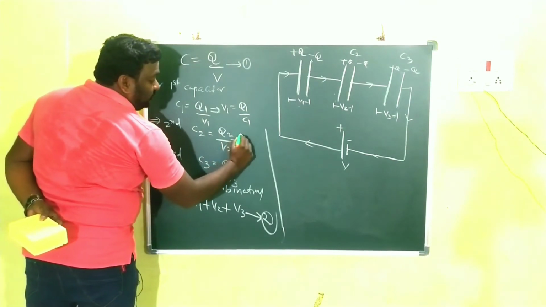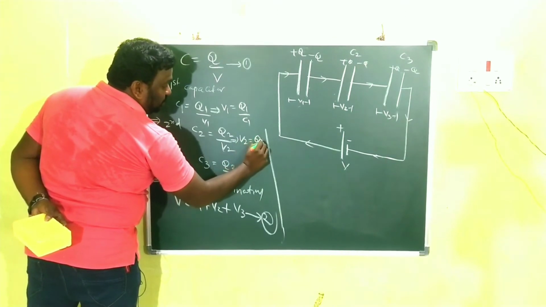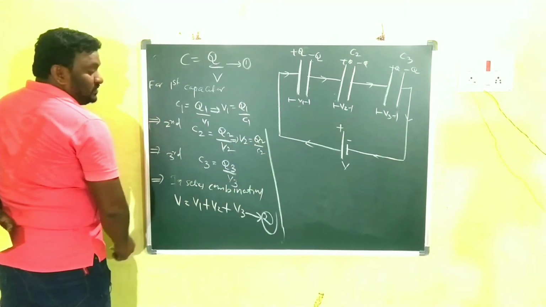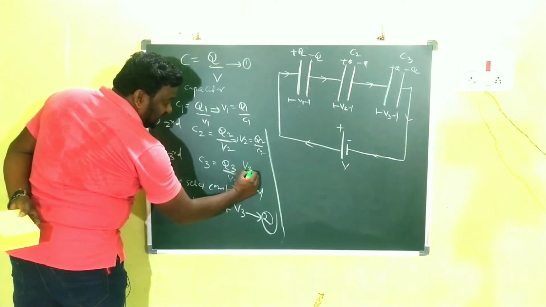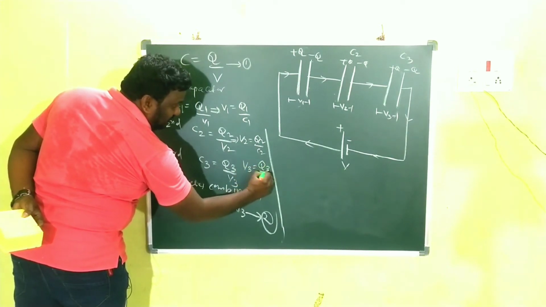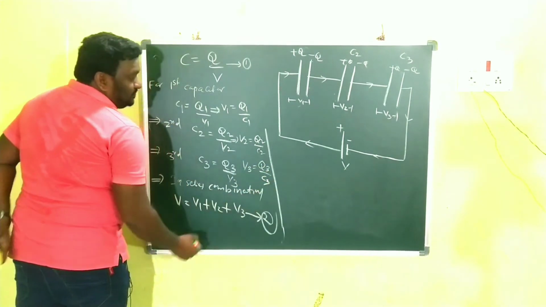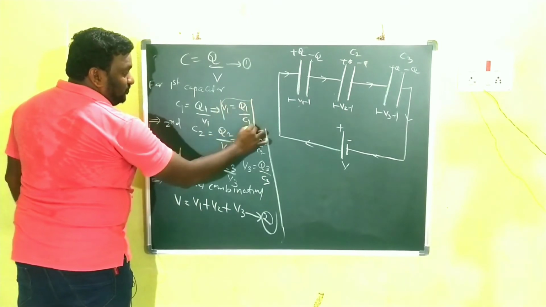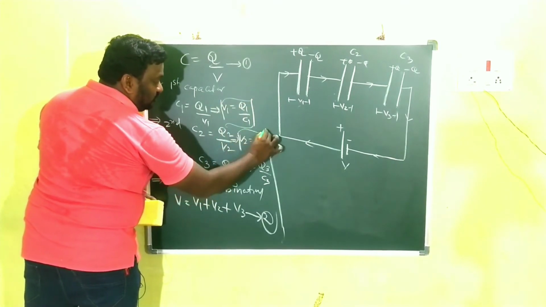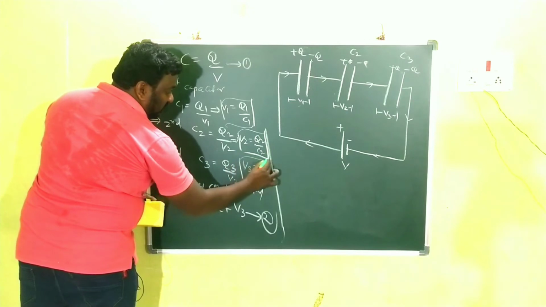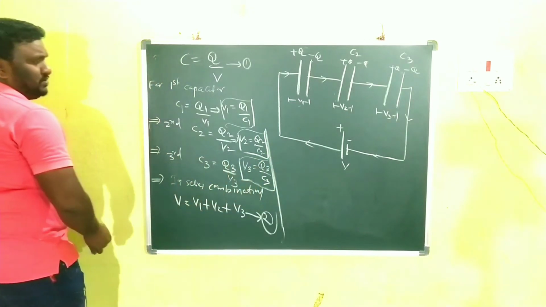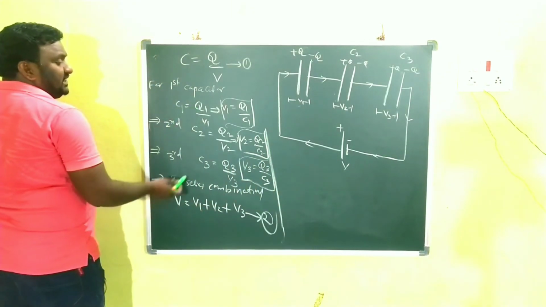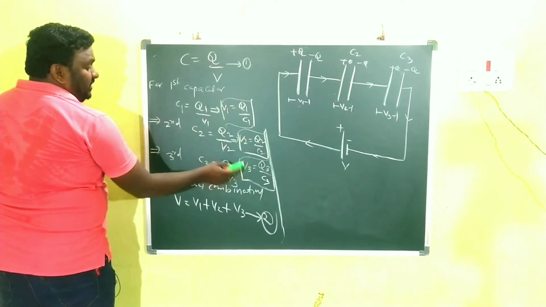From that, V2 is equal to Q2 by C2. And similarly here V3 is equal to Q3 by C3. So this is the value of V1, this is the value of V2, and this is the value of V3. Very simple. From these equations only we are writing the expressions for V1, V2 and V3.